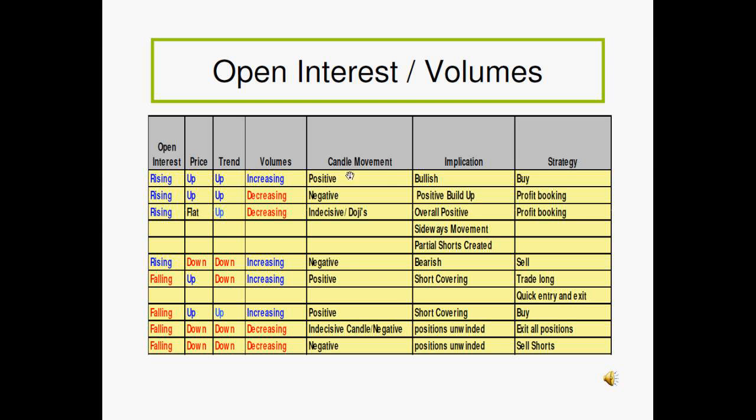Now this is candle movement. What is candle movement? Every day there is an open, high, low and close of the market. If the closing price is above the opening price, that is, close is greater than the open, then we say it is a positive candle.